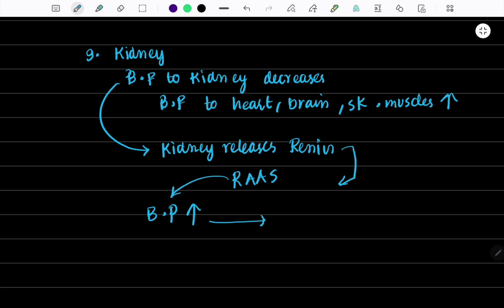And that's how the blood flow is regulated and maintained in the kidney, right? So this is how it goes. The sympathetic system goes in the kidney and regulates the blood pressure in the kidney, right?